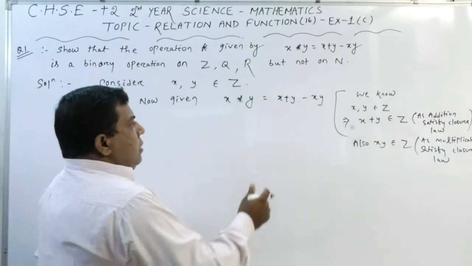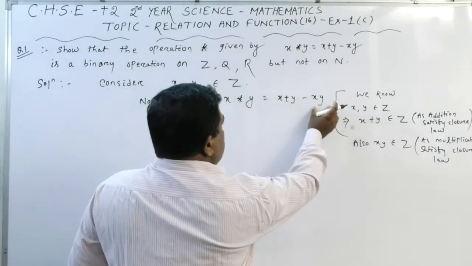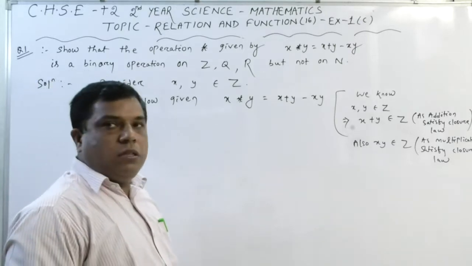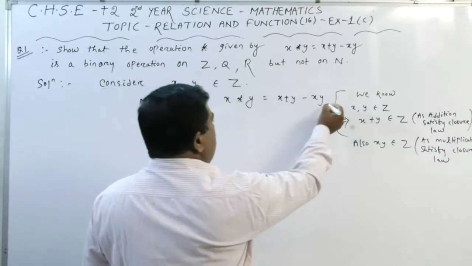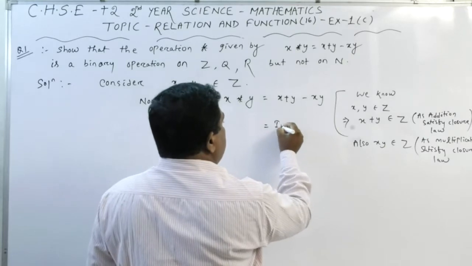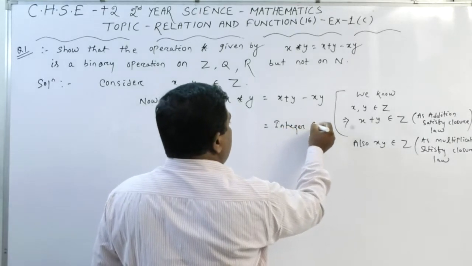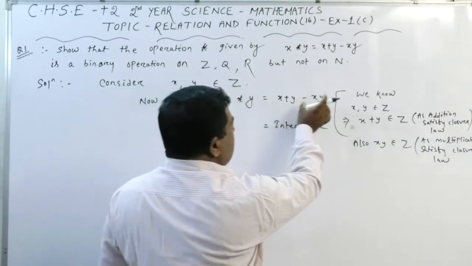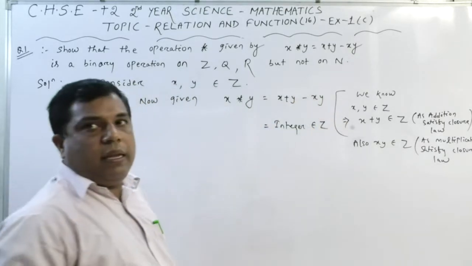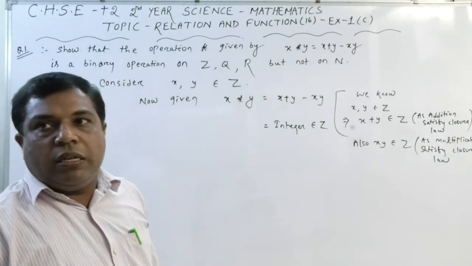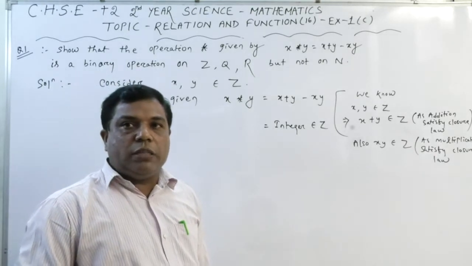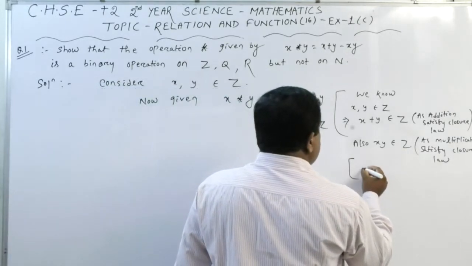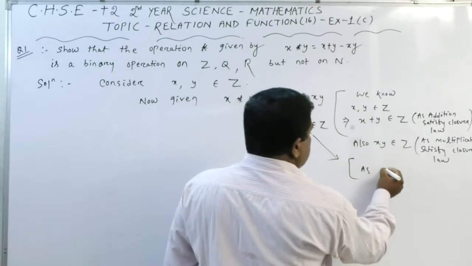So this is an integer, this is an integer. An integer subtracted from an integer, what is the result? It is also an integer belonging to Z. Why? Because subtraction also satisfies the closure law.